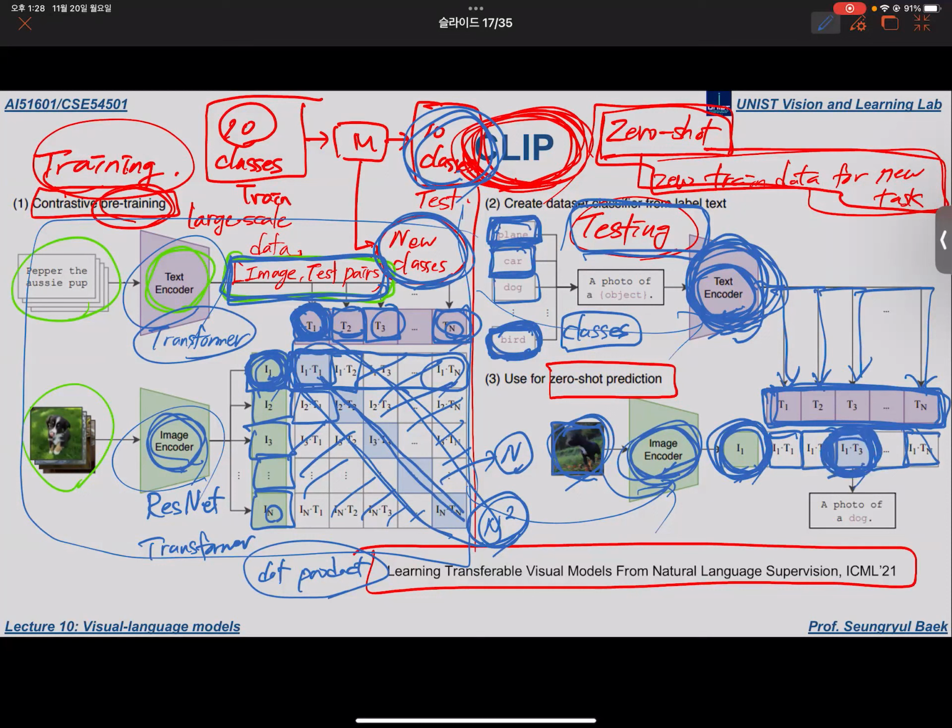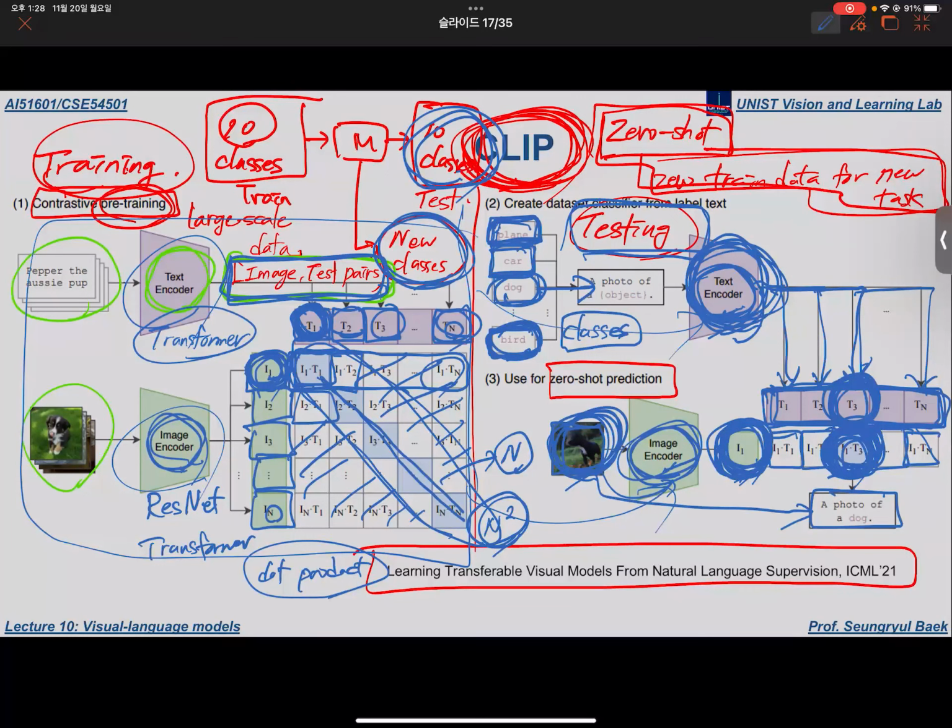We choose the word that has the highest similarity with the image feature. For example, here we input dog as a word, and the dog was encoded as the feature here, right? If it exhibits the highest similarity with the image feature, then it is selected, and we can say this image has a high probability of containing a dog.